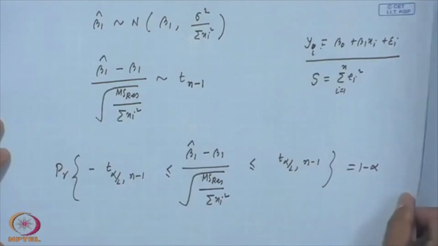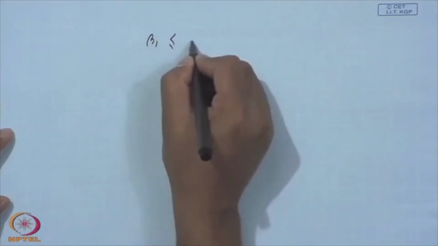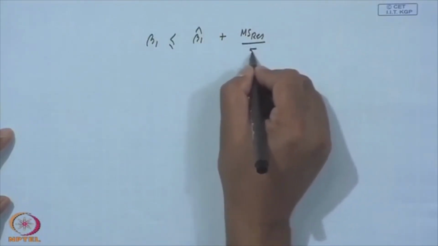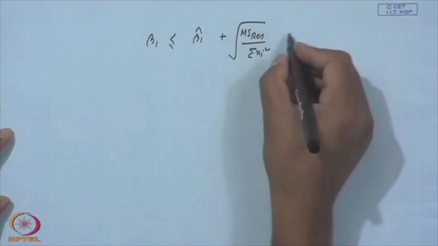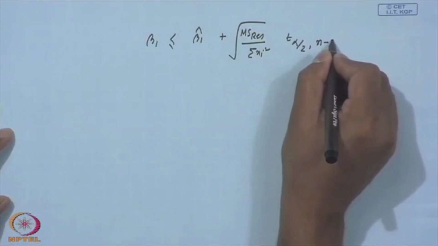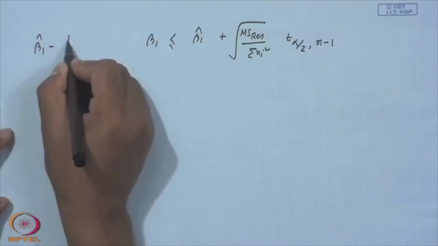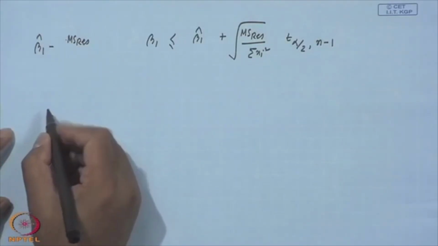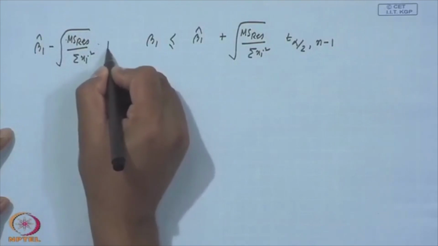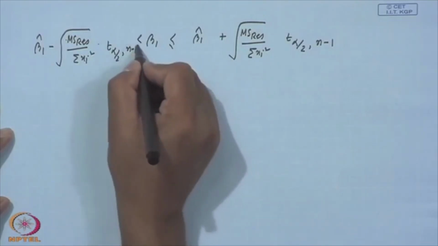And then finally, what we have is the interval for beta 1, that is beta 1 hat plus M S residual by summation x I square into T alpha by 2 n minus 1, and the lower bound is beta 1 hat minus M S residual by summation x I square into T alpha by 2 n minus 1. This is the lower bound for this.